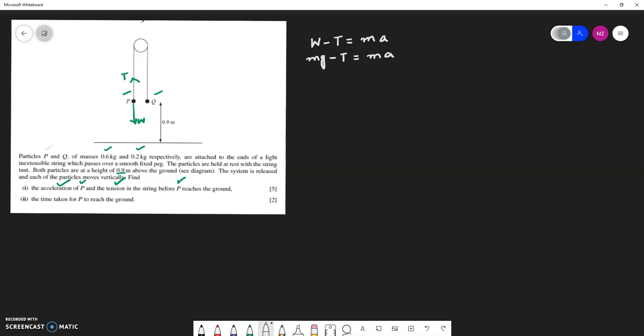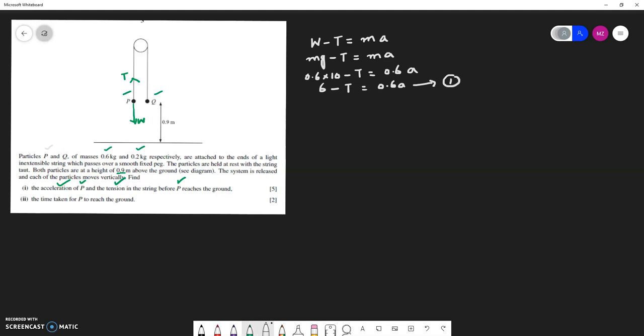The mass of the particle P is 0.6, multiplied by g, which is 10, minus T is equal to 0.6 A. So this becomes 6 minus T is equal to 0.6 A. This is equation number 1.